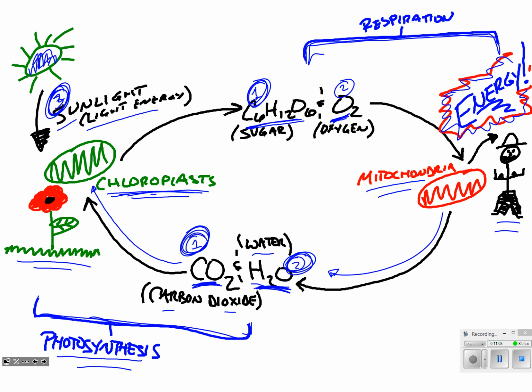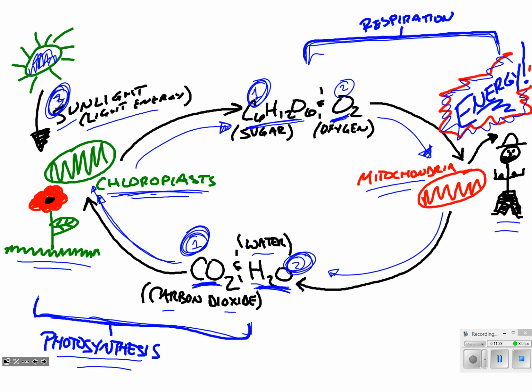All of this stuff then can be recycled into plants for photosynthesis. So it ends up going back to plants. Plants use it to make sugar and oxygen, which animals then use for respiration, and then round and round and round again. Remember, this is called the photosynthesis respiration cycle.